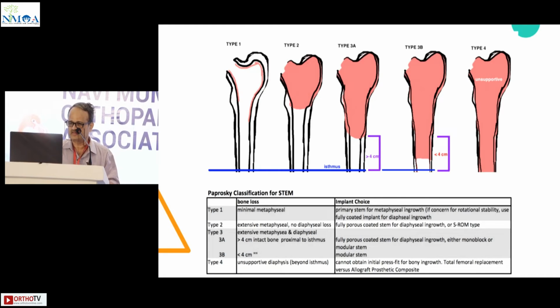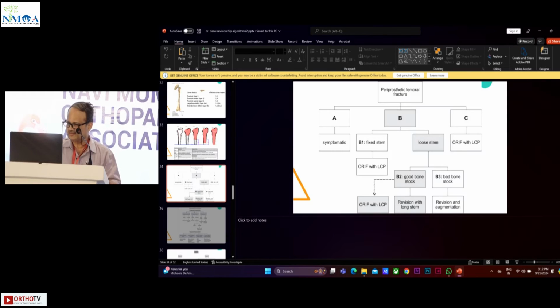For example, for a type 1 defect, you can use a primary stem. If it's type 2, you have to use a fully porous coated stem. For type 3, you have to use a distally loaded or modular stem. And in type 4, you don't have purchase, so it is perhaps a total femur replacement.